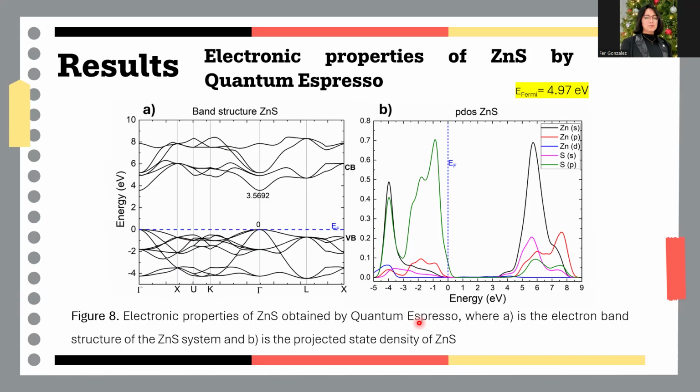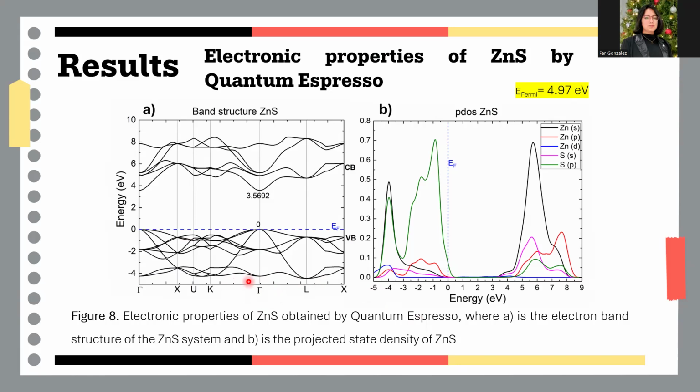Also, it's observed that the material presents a direct band gap at the gamma point of the first Brillouin zone, and this is a characteristic associated experimentally with this material in its spherical phase.